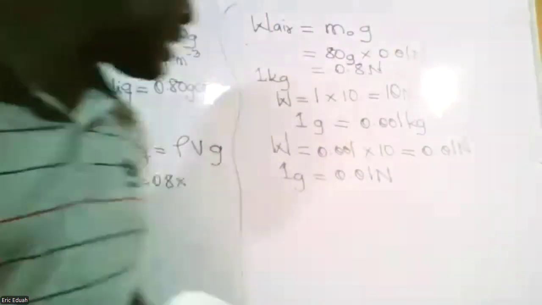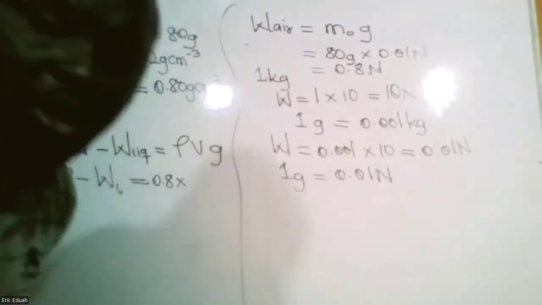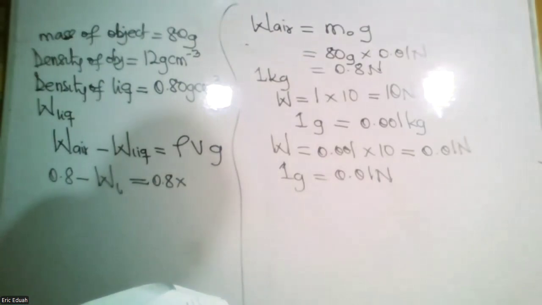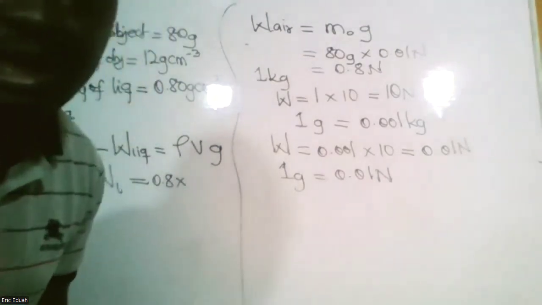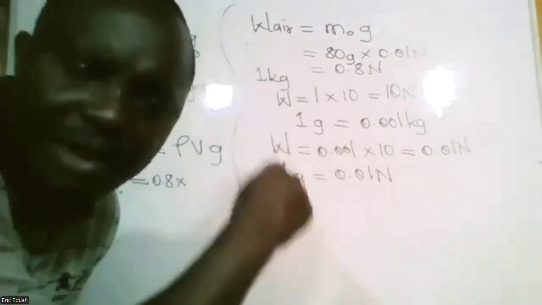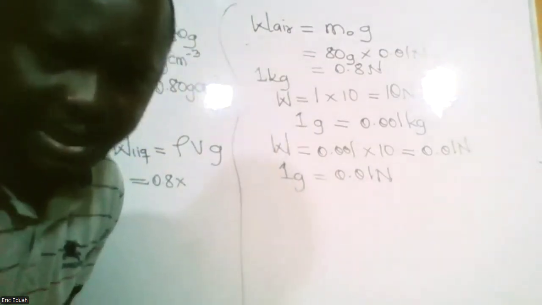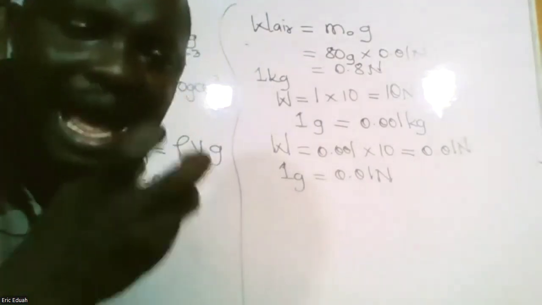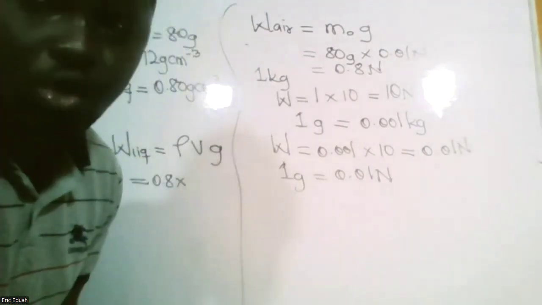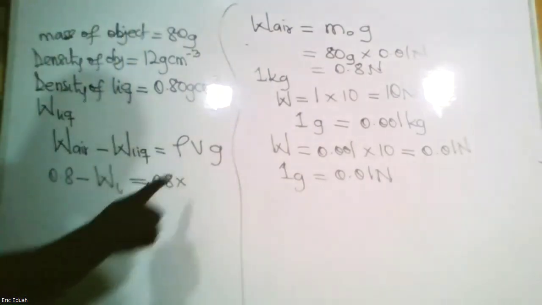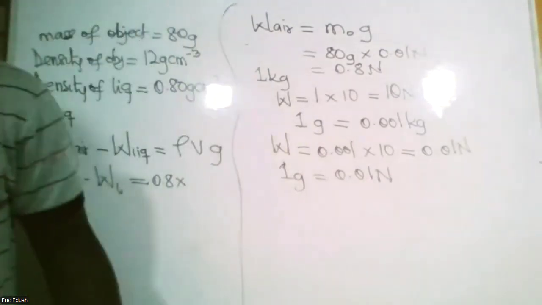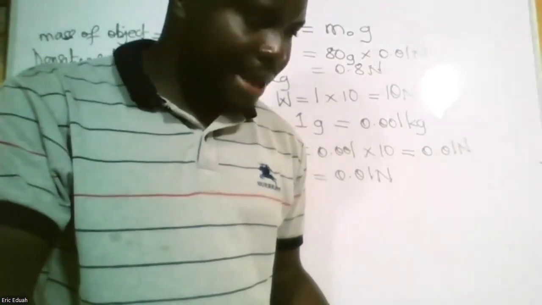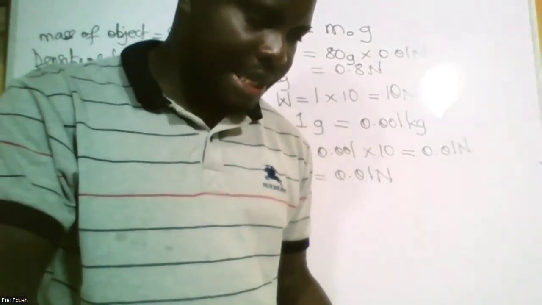So if we are told half of the volume of the object is submerged in the liquid, then it means the volume of the liquid displaced will be half of the volume of the object. So let's find the volume of the object and determine half of the volume, which will be equal to the volume of the liquid displaced. Calculate that for me. We are given the mass of the object, 80 grams.